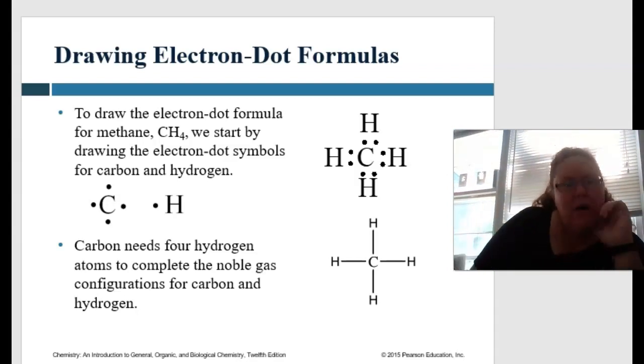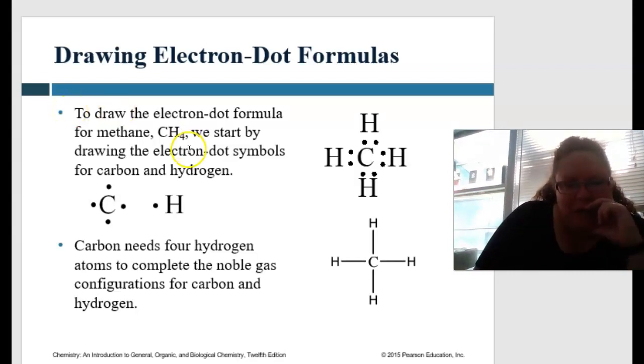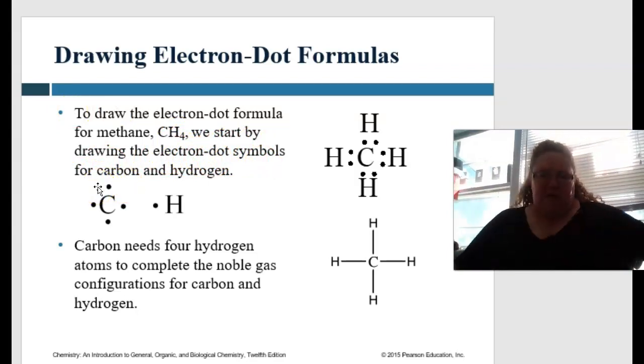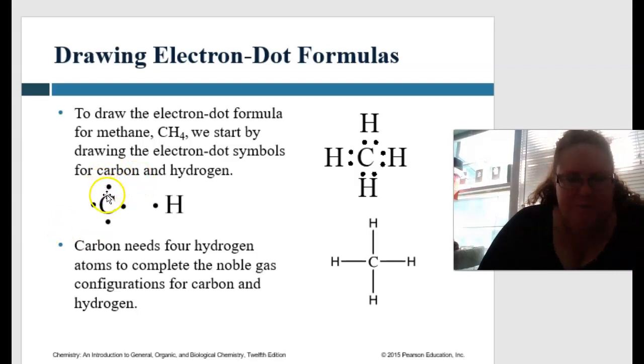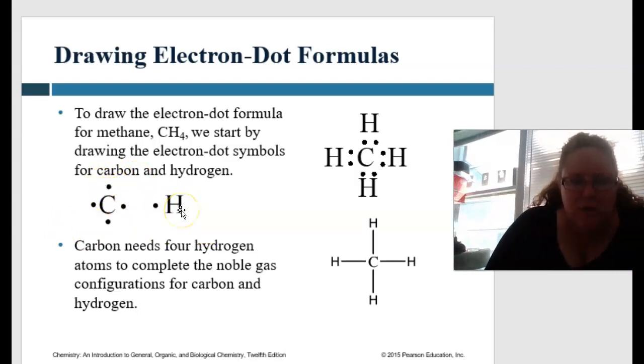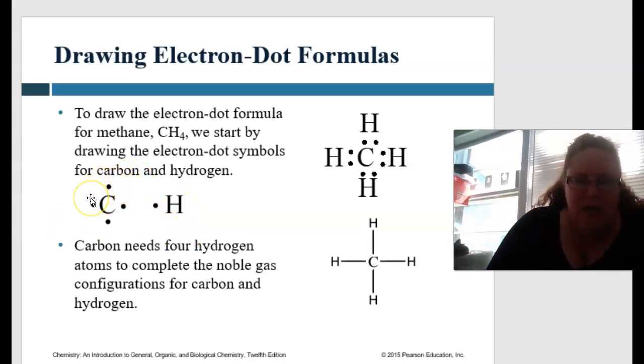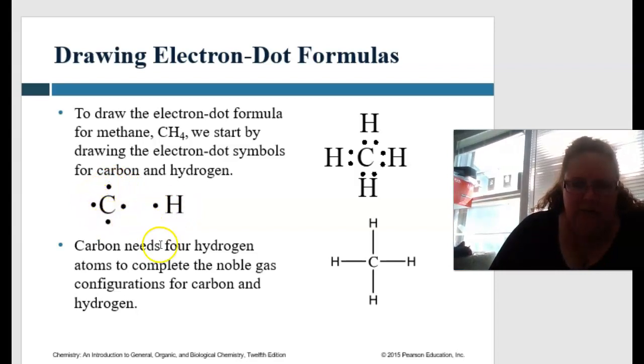Okay, so to draw the electron dot formula for methane, we're going to start by drawing the dot symbols of the two parts of it, the carbon and the hydrogen. The carbon has 4, where the hydrogen only has 1. And so the carbon needs 4 hydrogen atoms to complete the noble gas configuration for the carbon and hydrogen.